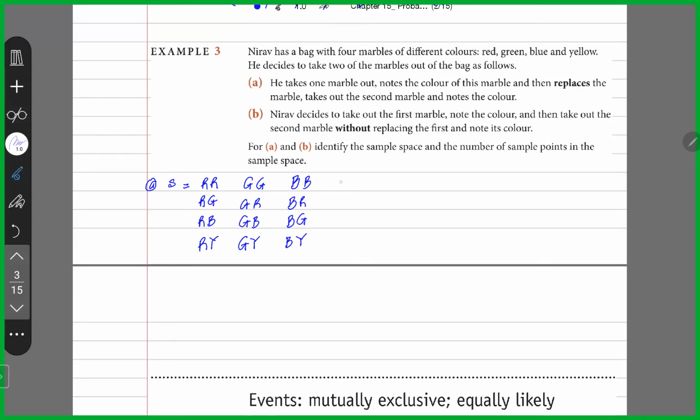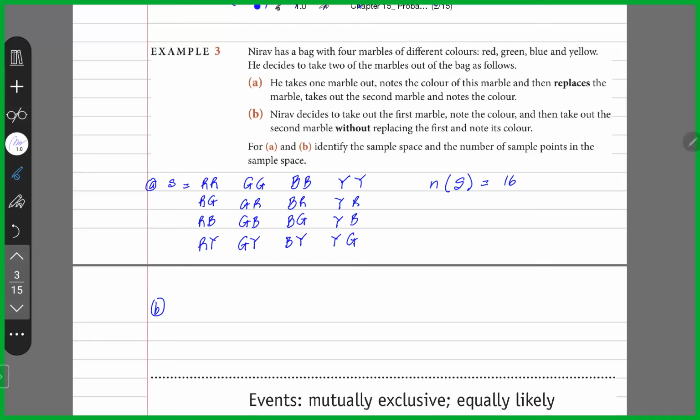I could get yellow, yellow, yellow, red, yellow, blue, and yellow, green. So the total number of elements in the sample space, or the number of outcomes, or the number of sample points in the sample space is 16.